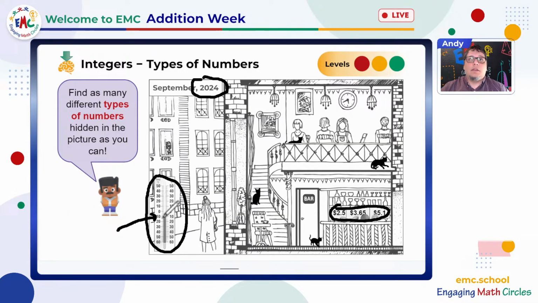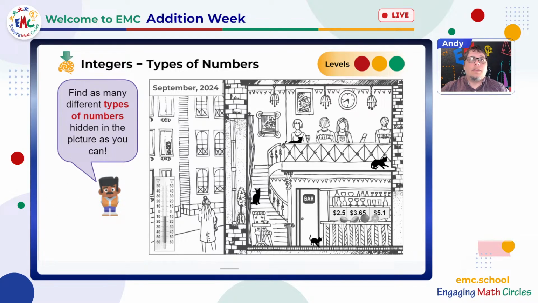This is below 0. We call this a negative number. It's at minus 10 degrees Celsius in this case. Minus 10 degrees Fahrenheit is very, very cold.